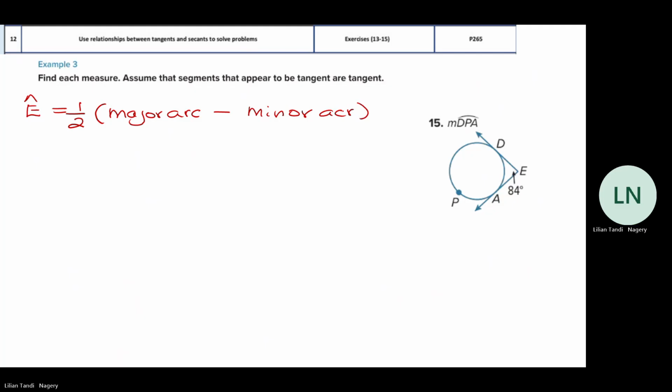Okay. The major arc is DPA and the minor arc is DA.